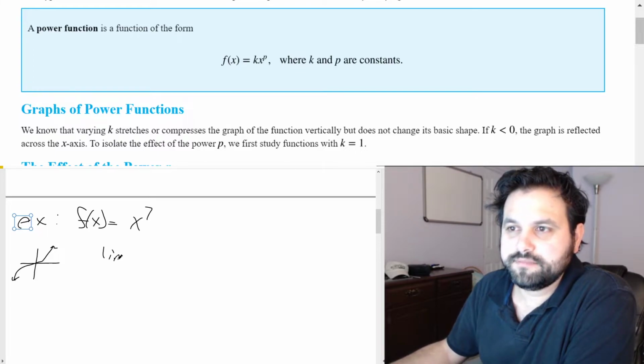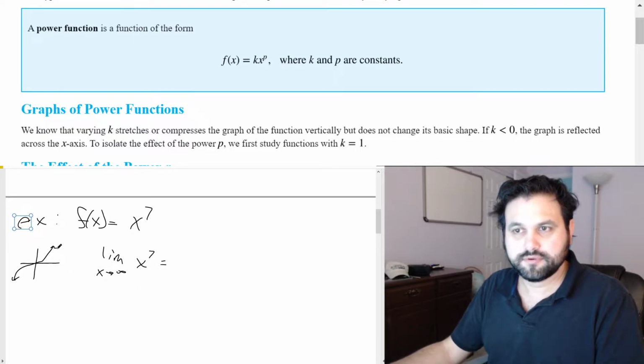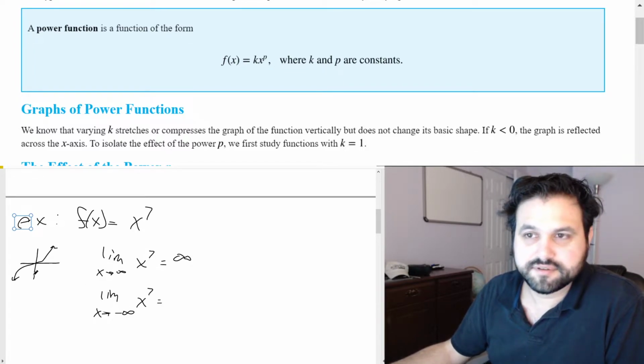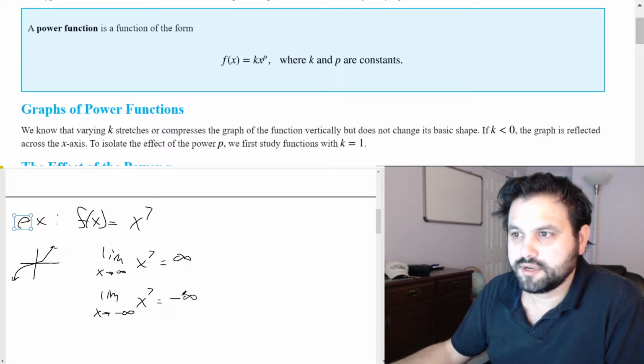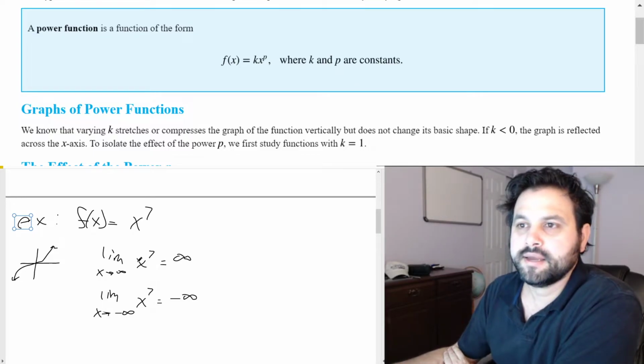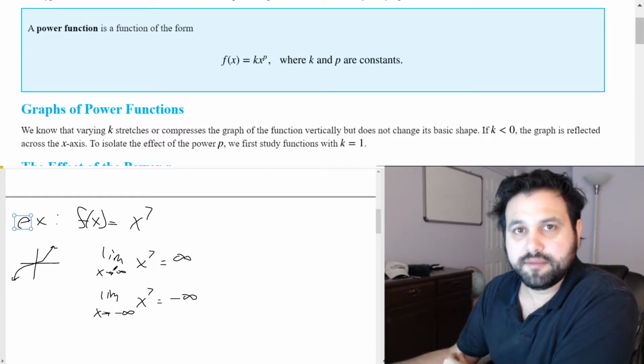So the limit as x approaches infinity of x to the 7 is equal to, well, as we go to the right, what happens to the function? It goes to infinity. And the limit as x approaches negative infinity of x to the 7, as we go to the left, the function goes to negative infinity, right? It goes down in those negative values. Okay, so there's even and odd exponents, power functions, and their end behavior.